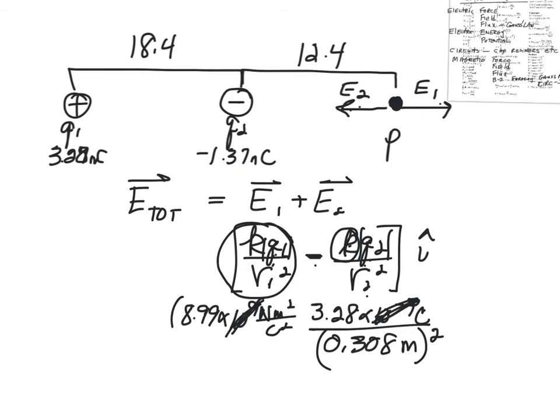Again, be careful. It's the distance from Q2 to the point, or from the point to Q2. This is where we're not calculating the force between these two charges. We're treating these two charges separately. Okay, and then when you add those two numbers, the answer is posted. I don't need to give it to you. It gives you the answer.